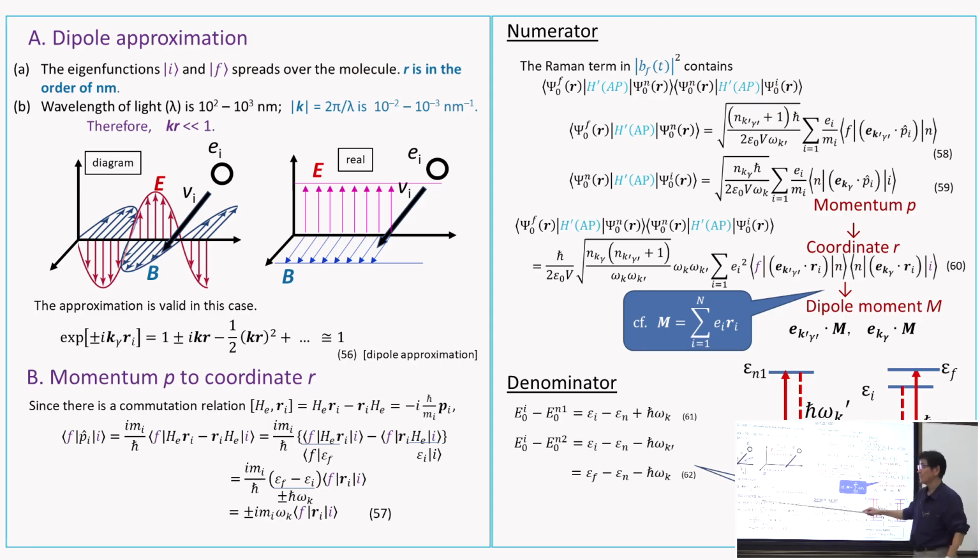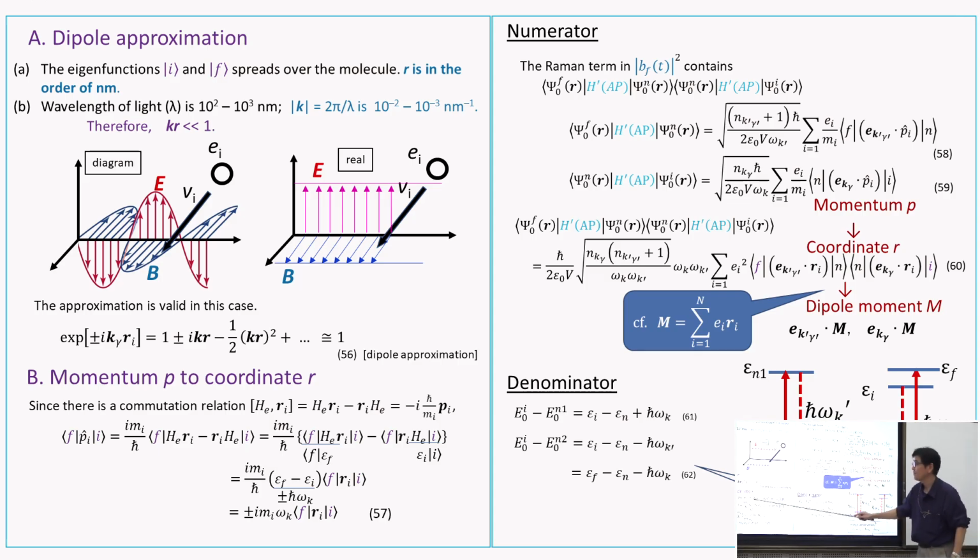Then let's substitute p i in this integral f p i i. p i can be substituted with this term multiplied by some coefficient.